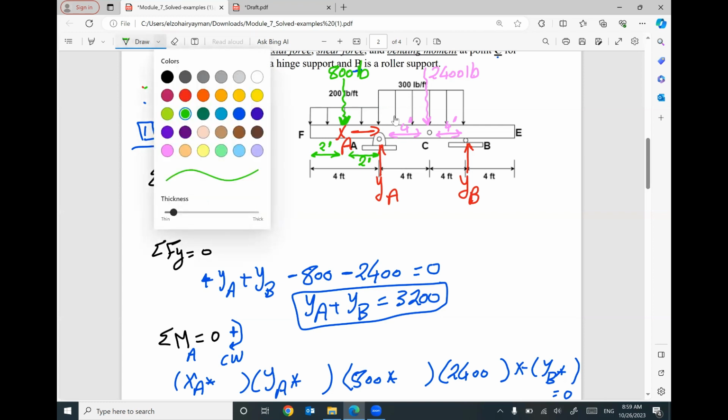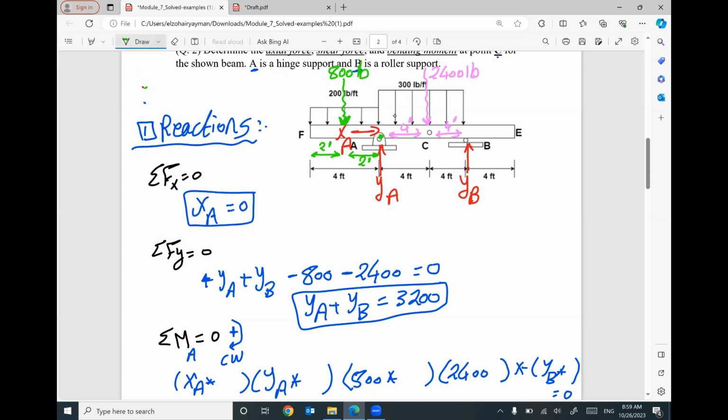Remember, we are sitting at A. So the distance between XA and A, 0. YA and A, 0. 800 and A, it's 2 feet. 2400 and A, it's 4 feet. YB and A, it's 8 feet.